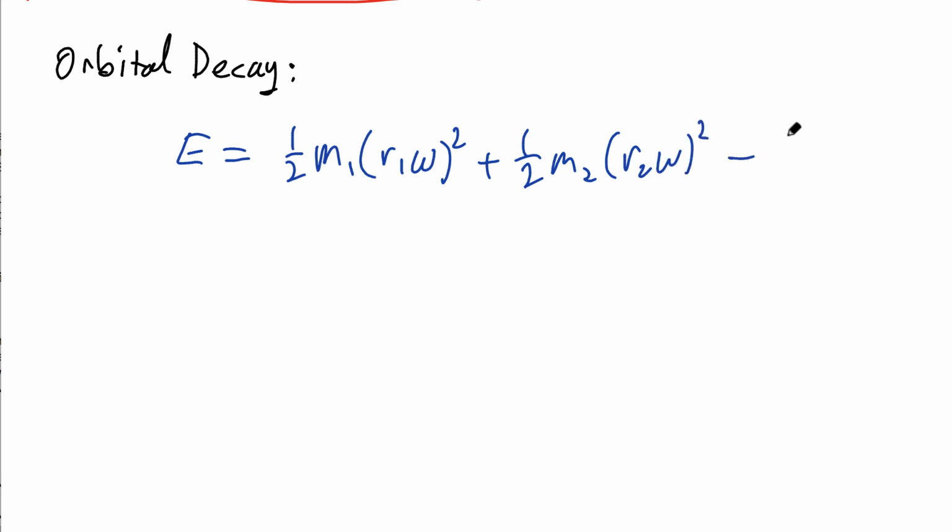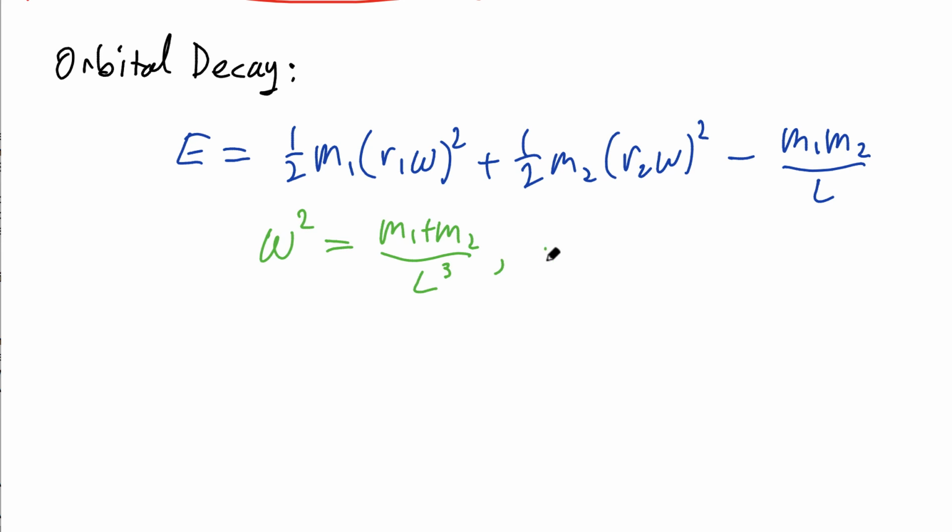And for the potential energy, the interaction energy between the two masses, we have minus m1 m2 over the orbital separation L. Now, using once again our result from Kepler's third law that omega squared is equal to the total mass divided by L cubed, and also remembering that r1 plus r2 is just the total orbital separation L, it's easy to show that the total energy is just minus 1/2 m1 m2 over L.